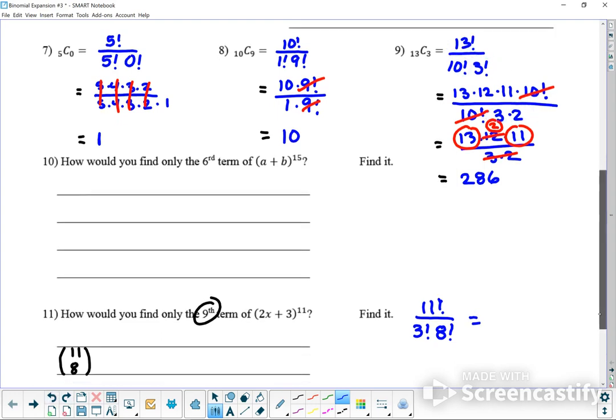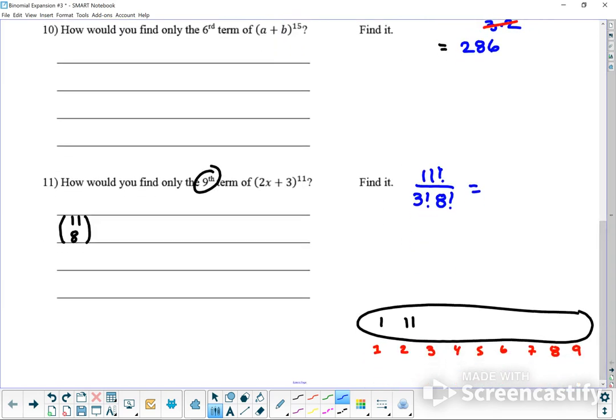But in this case, the 8 factorial is bigger, so I'm going to bring the 11 factorial to 11 times 10 times 9, and then I'm going to leave it at 8 factorial because 8 is the next biggest number. 3 factorial, I'm going to go 3 times 2 because I don't really have to worry about that. But 8 factorial, I'm not going to go 8 times 7 times 6 times 5, 4, 3, 2, 1. I'm just going to leave it as 8 factorial because I know that 8 factorial and 8 factorial is going to cancel out. And by doing this, I've eliminated a lot of the work.